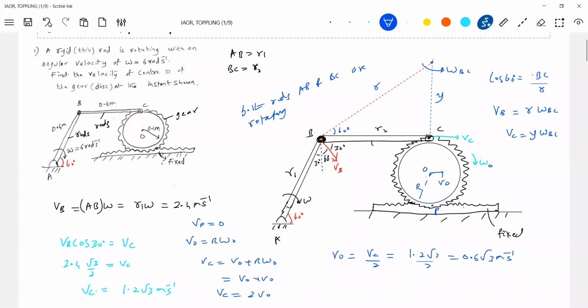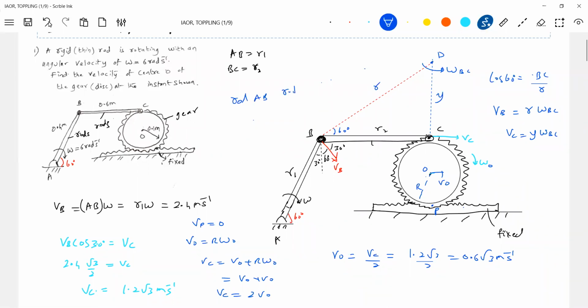Rod AB rotates about A. Rod BC will not rotate about B or about C. It will rotate about, say, some point D. I'll give better information so that there will be no confusion. Rod AB rotates about point A. Rod BC rotates about point D. So shall we say this is the instantaneous center for this rod?